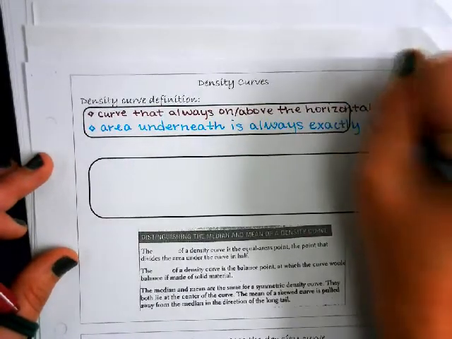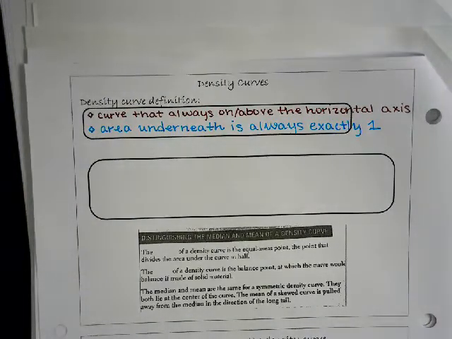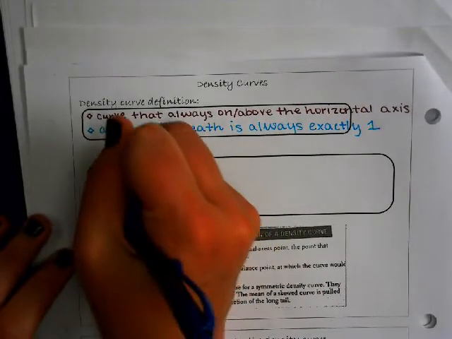That's okay. The idea is the area is always exactly 1. All right, so a density curve describes the overall pattern of a distribution.